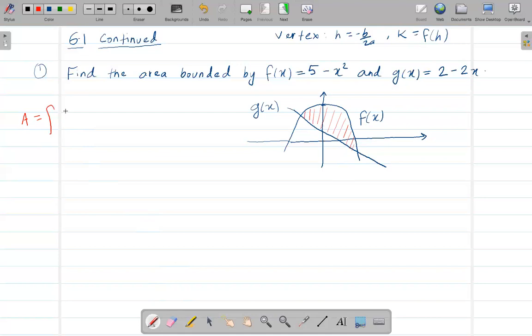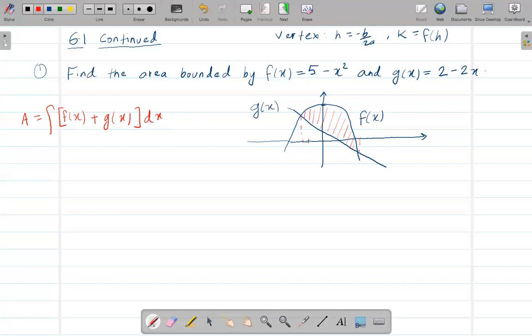Well, integral of, on the top we have f of x, and on the bottom we have g of x, and dx. But what is the interval? So the interval is from this point to this point, right? So what are these 2 points?